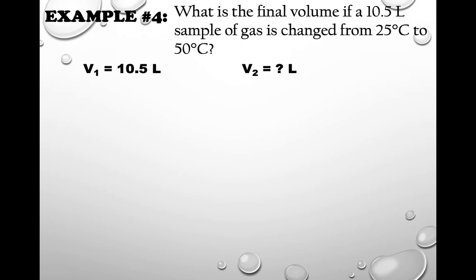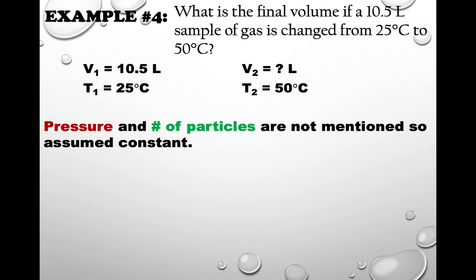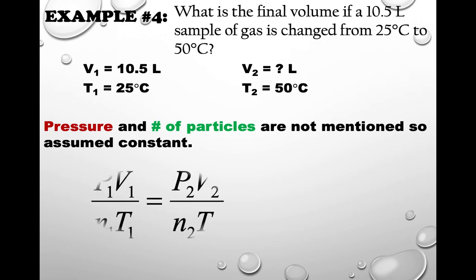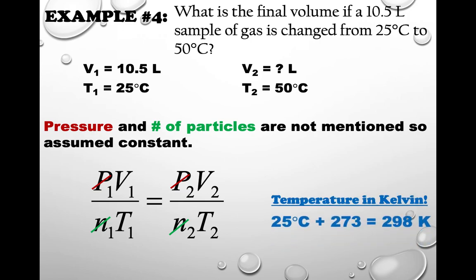The final volume is 10.5, and the gas has changed from 25 to 50 degrees. So I have my volume here. Pressure and number of particles aren't mentioned, so my combined gas law becomes just volume over temperature.